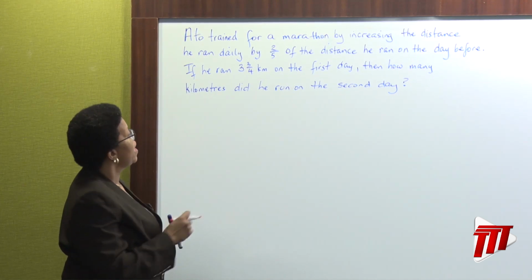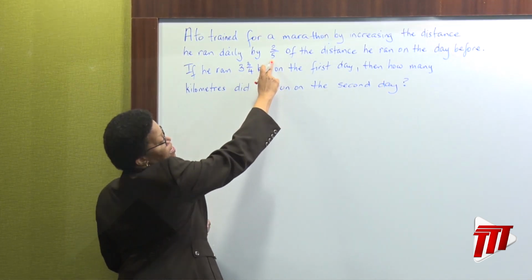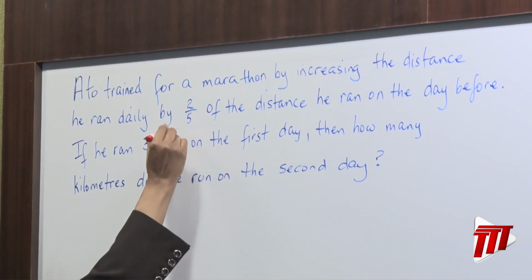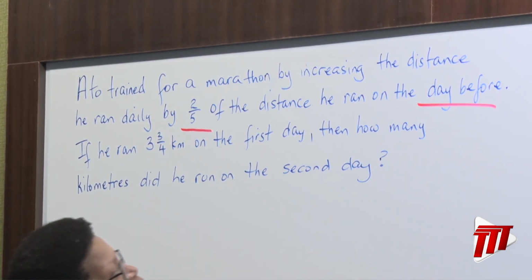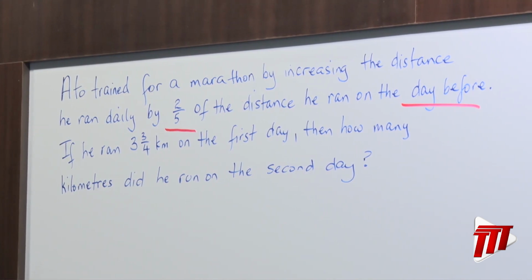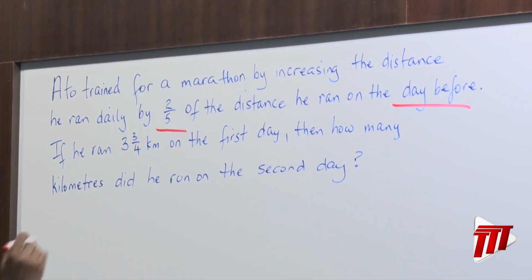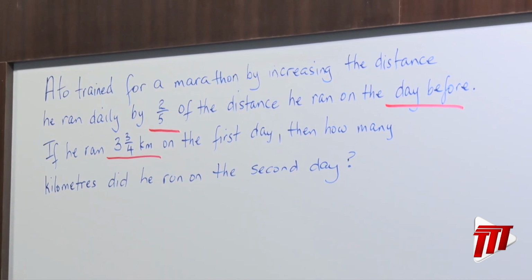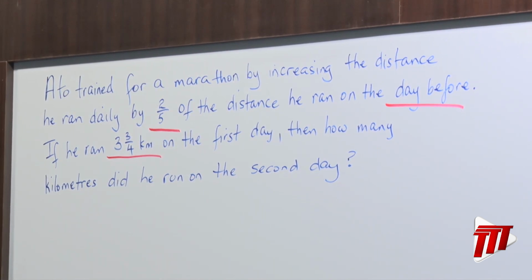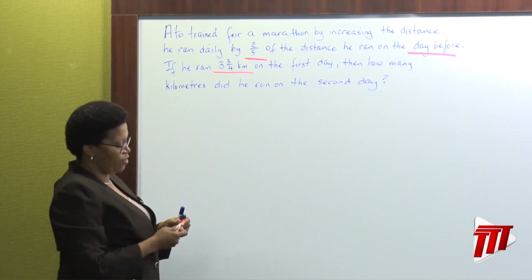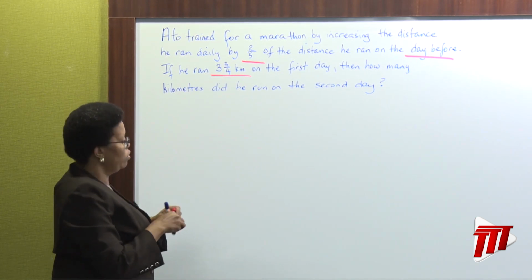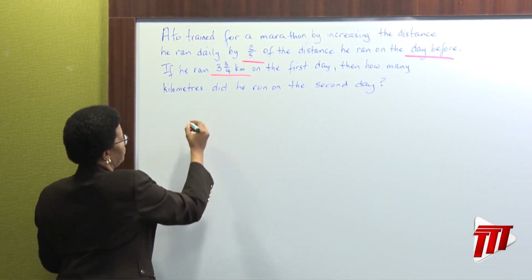We know that daily he is increasing his distance by 2/5 of the day before. We also know he began the first day running 3.75 kilometers. Let's solve this problem using some steps. Let's see. I want to use a diagram to represent 3.75 kilometers. So let's get a visual.